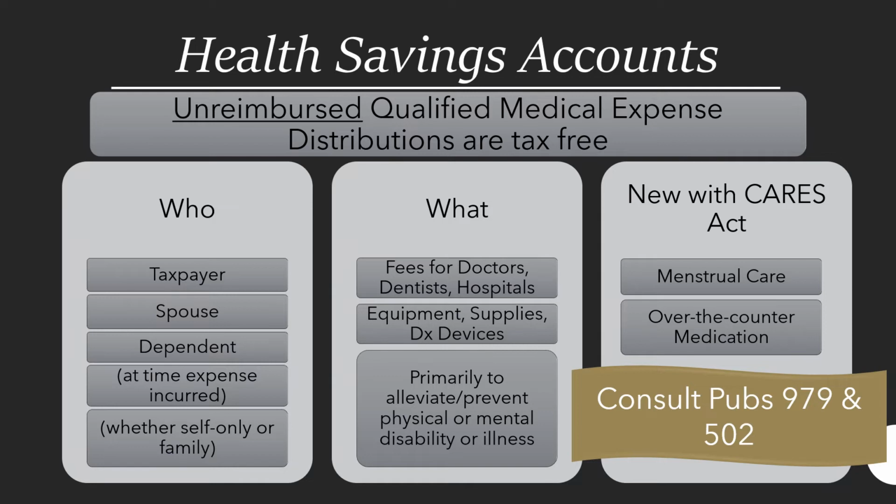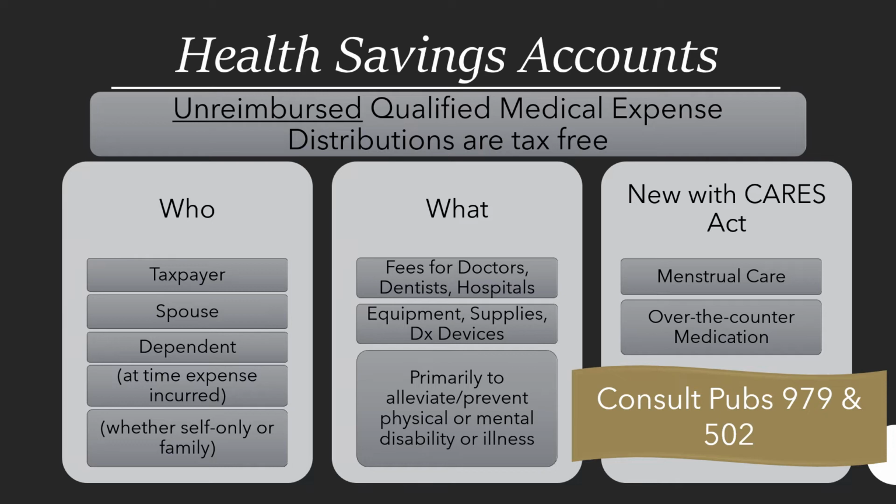And it doesn't matter whether the plan was for self-only coverage or for the family, as long as that person receiving care is on the return, then it's a qualified expense. So what are the kinds of expenses that are considered qualified medical expenses? It could be fees for doctors, hospitals, dentists. It also includes equipment, supplies, diagnostic devices, but they need to be primarily to alleviate or prevent physical or mental disabilities or illness.